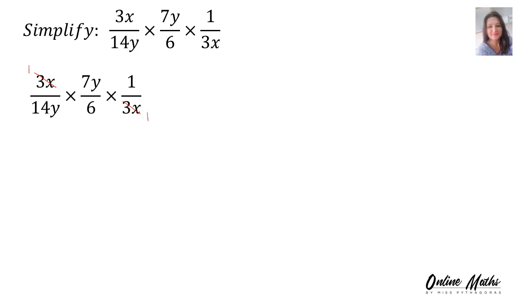And then I'm going to say 6 once, and 7 goes into 14 twice. And then y and y can cancel. And then I'm left with, on the numerator, 1 times 1 times 1 over the denominator, 2 times 6 times 1. And the final answer, 1 over 12.